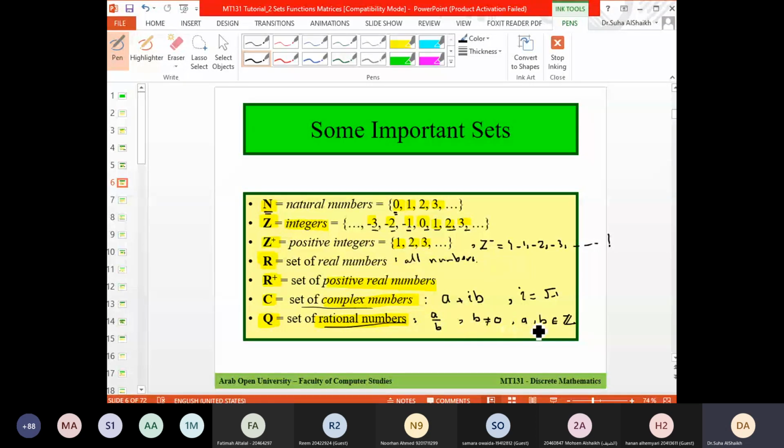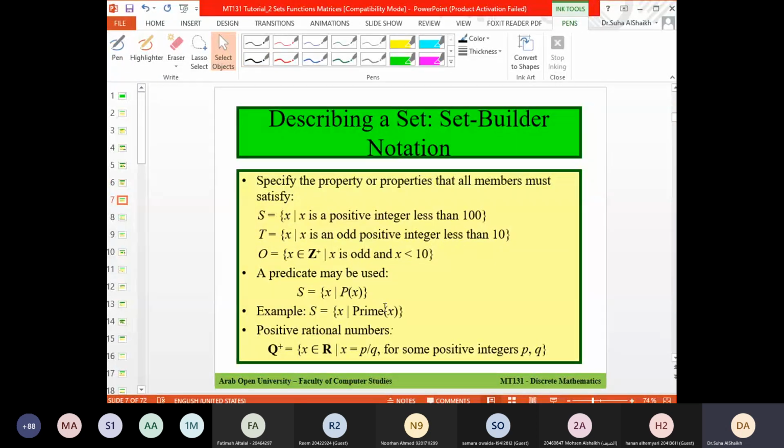A and B can all be integers here. So all of these are examples of sets, the most important sets with their names.